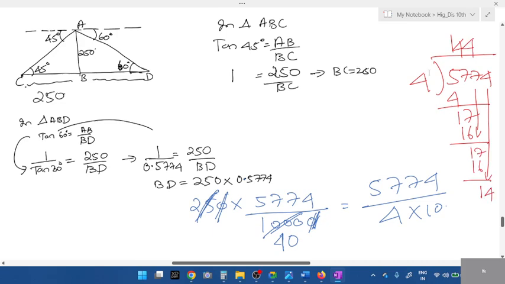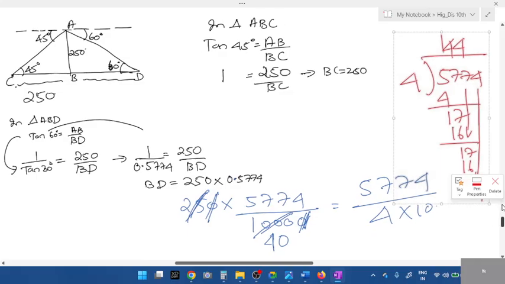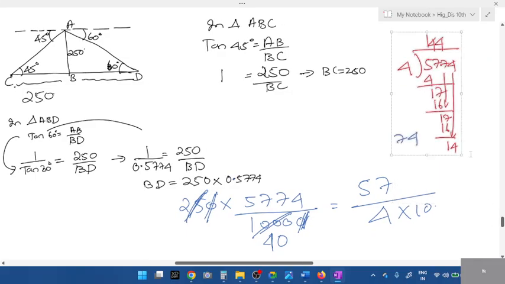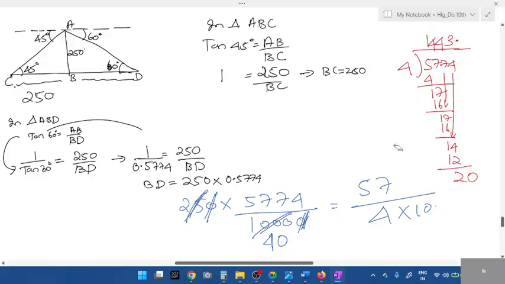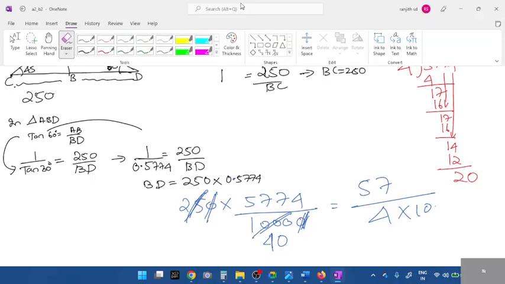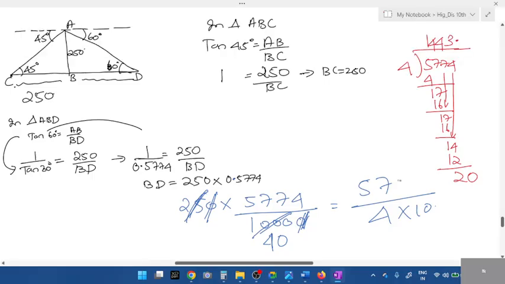How many times it goes? 4 threes are 12. Remainder 2, right? Then what do you do? Keep a point and add 0. How many times 4 goes in 20? 4 5s are 20. Concentrate, students. Don't just copy. Concentrate when I'm teaching. 4 5s are 20.